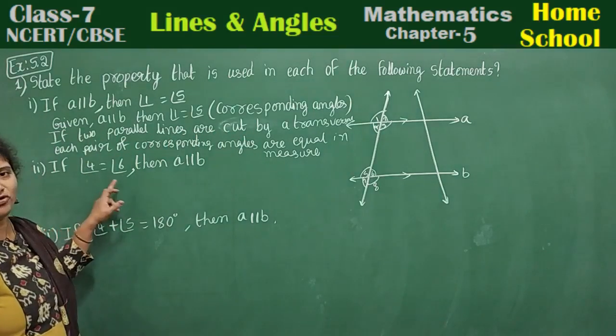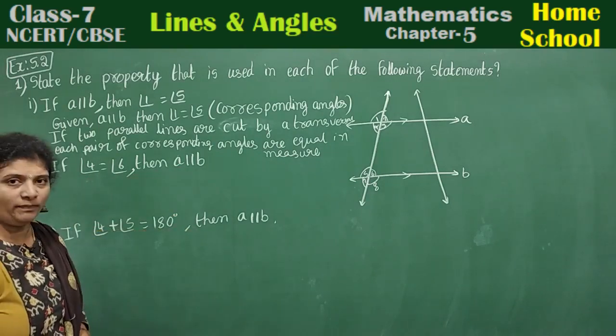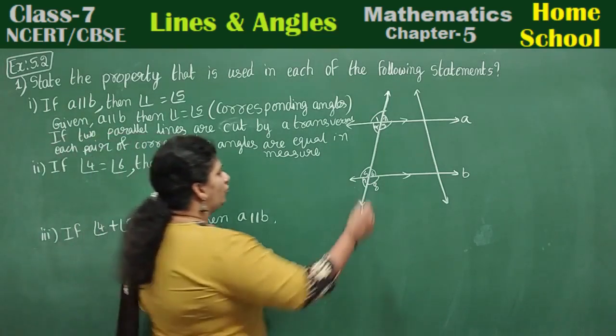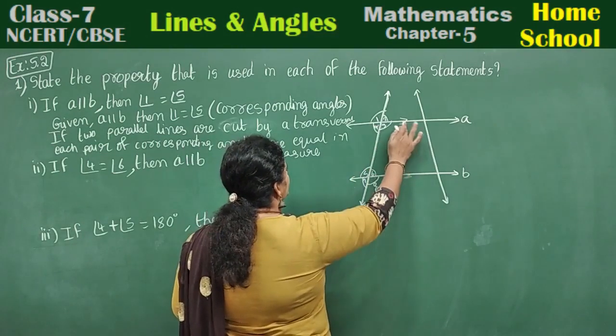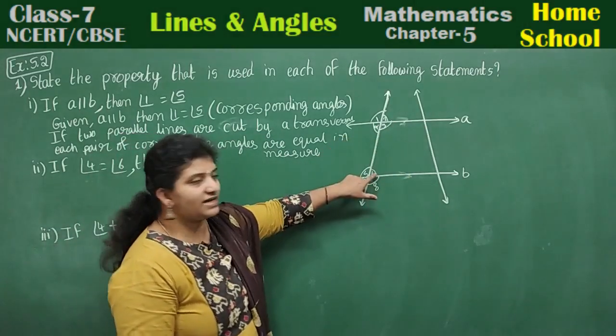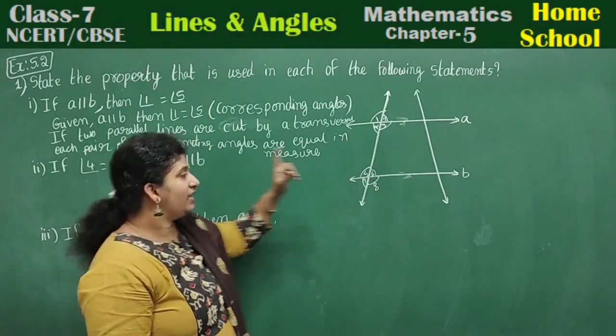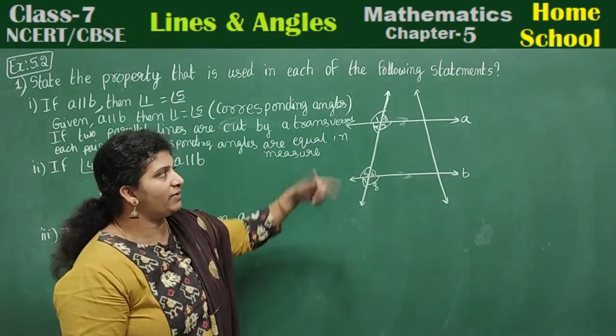If angle 4 is equal to angle 6, then A is parallel to B. Angle 4 is equal to angle 6. Now they did not say these two angles are parallel. If these two angles are equal, what did they say? They have said here, if these two angles are equal, they will be parallel.